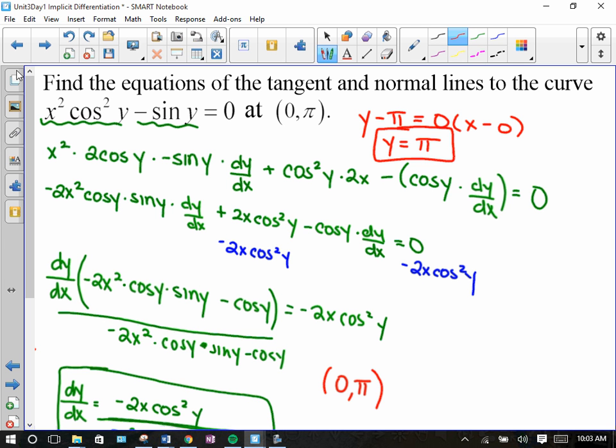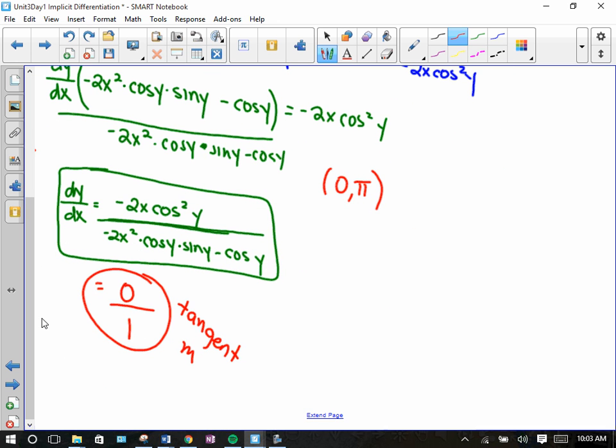So it's undefined. We can't make the equation. The opposite would be negative 1 divided by 0, which is undefined.